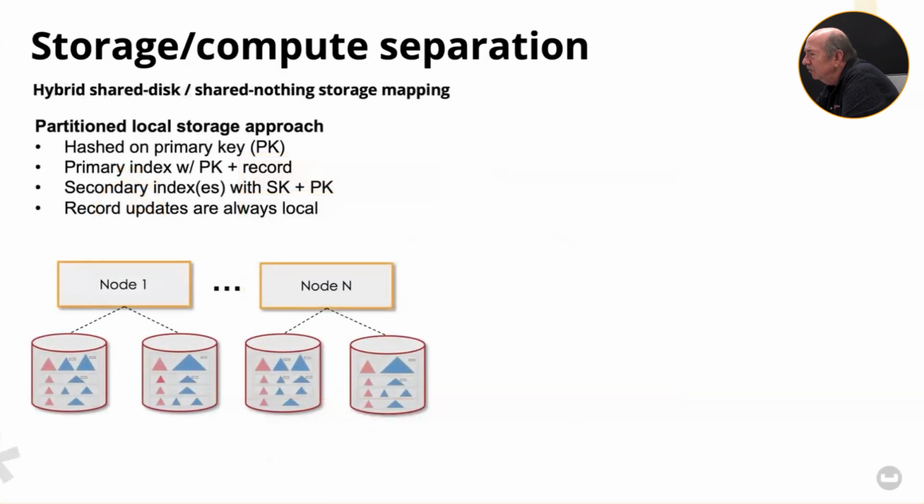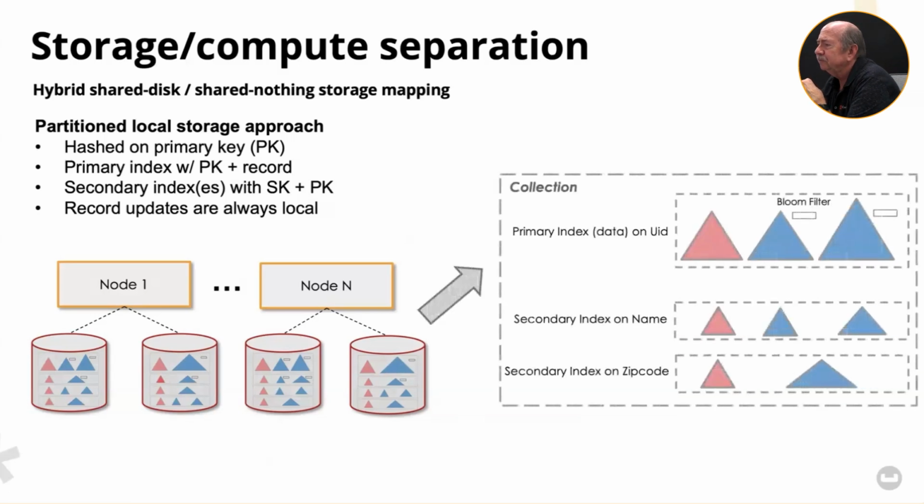Let me talk a little further under the hood about what that storage compute separation looks like, again this hybrid shared disk, shared nothing approach. Suppose we have n nodes in this picture. Each of those nodes is responsible for some set of partitions of your storage. What does that look like?